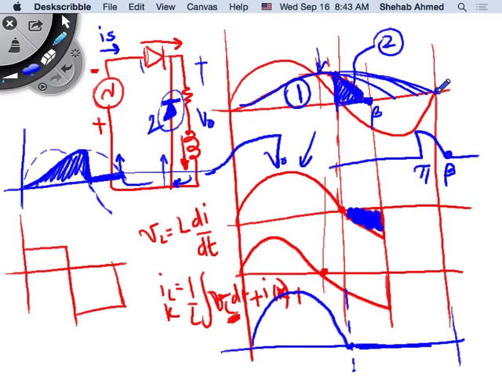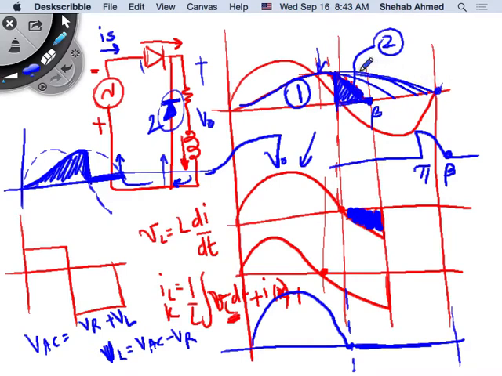So if the voltage starts to become positive again, the VAC is equal to VR plus VL, right? So VL is equal to VAC minus VR. So at some point, this AC voltage will become positive, like it was doing here.